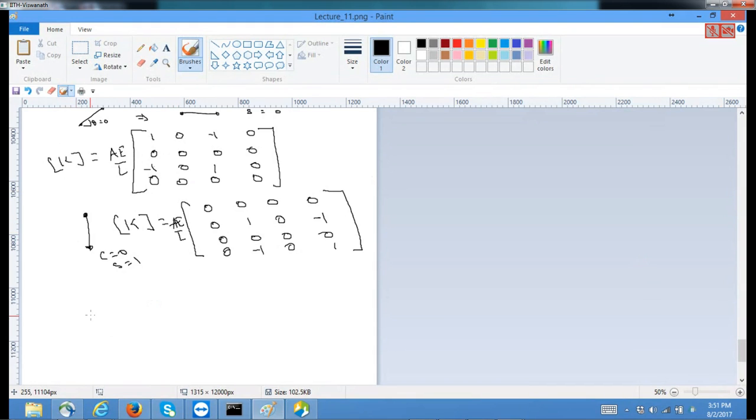Similarly, if you take 45 degrees, then s is equal to c is equal to 1 by root 2.